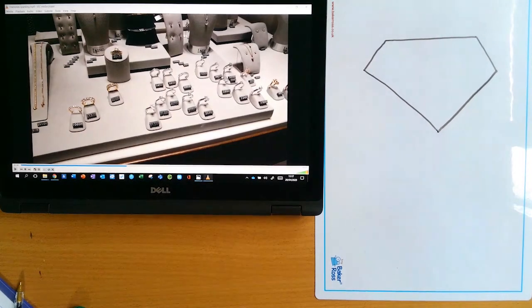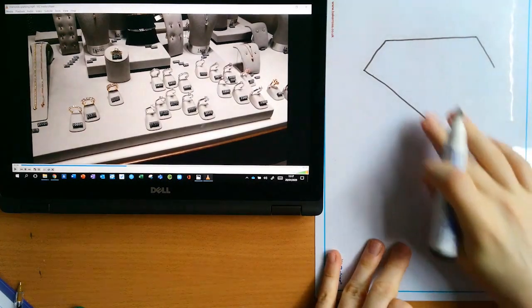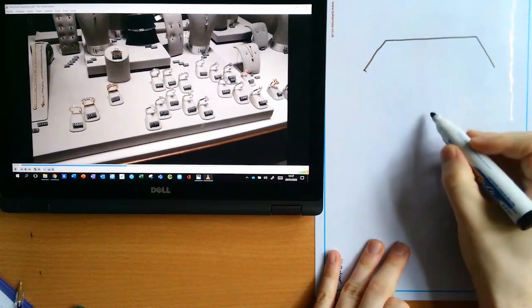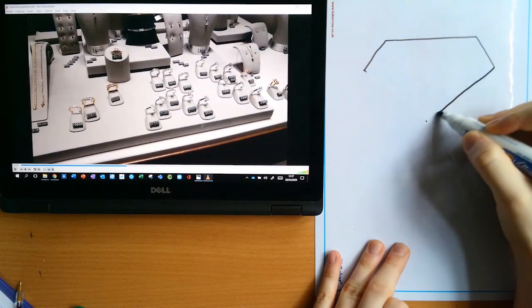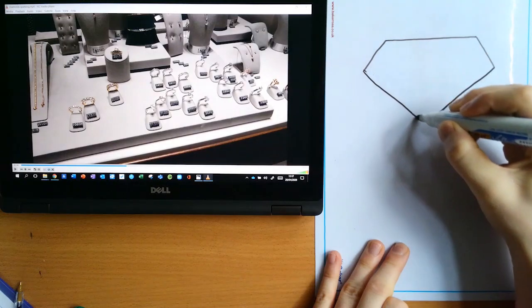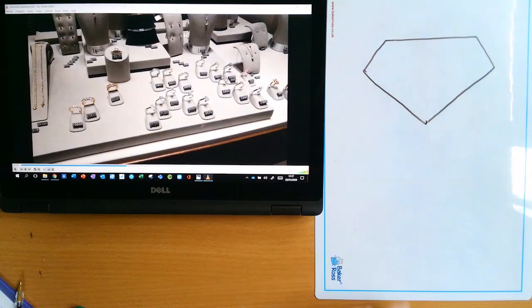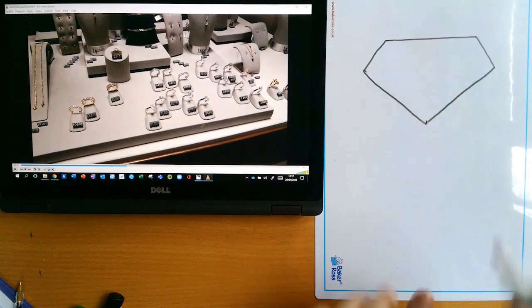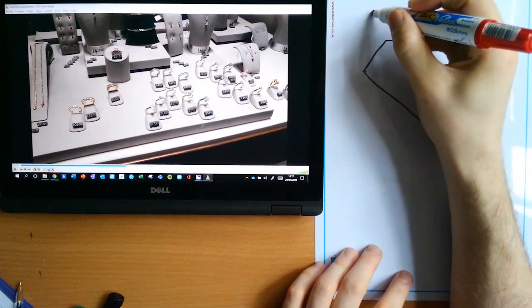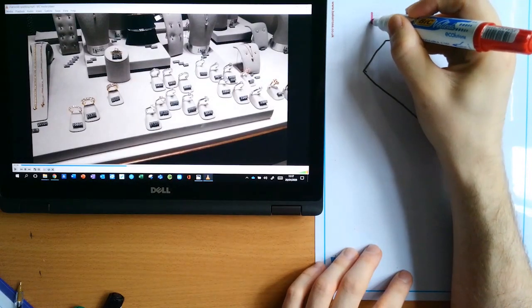Slightly wonky, but there we go. So, in fact, we can do better. So the sort of shape diamonds normally have. Now, if you imagine red light coming in here.